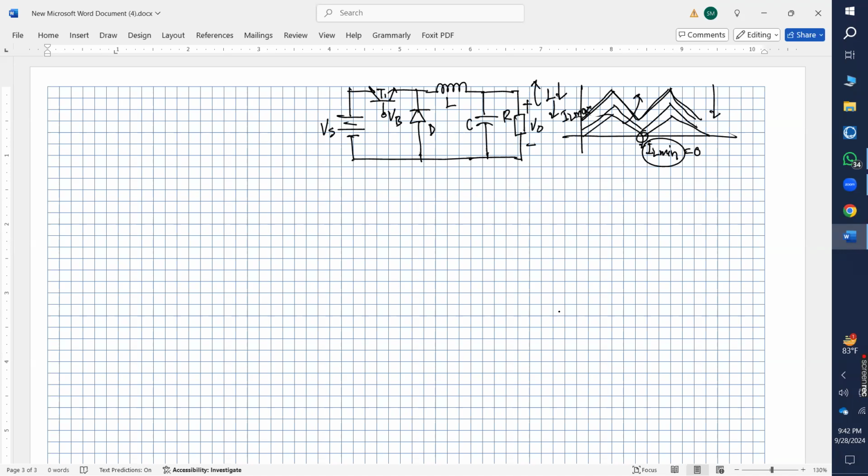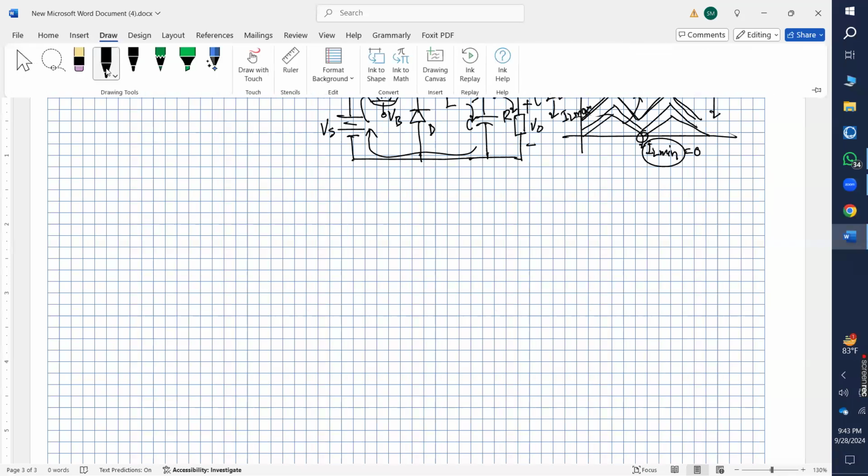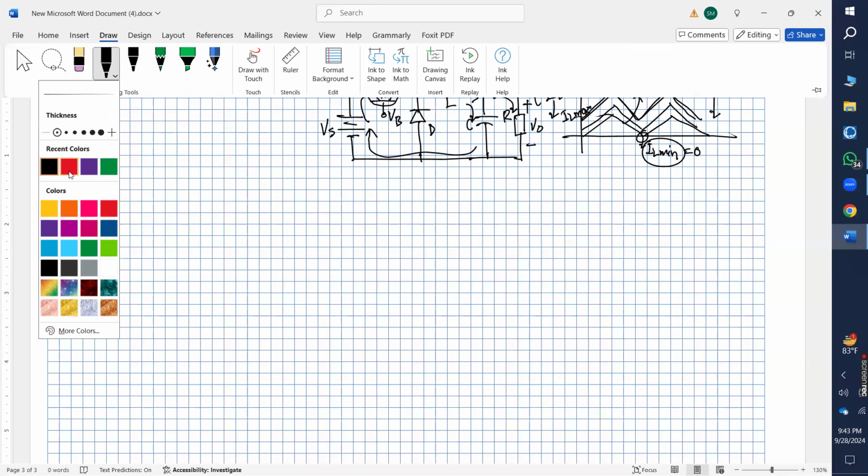So when this switch is on, what is happening here? Current through the transistor T1 is going to the inductor, and then it is dividing here and coming back to the source, right? Yes, sir. But when your switch is off, what is happening?